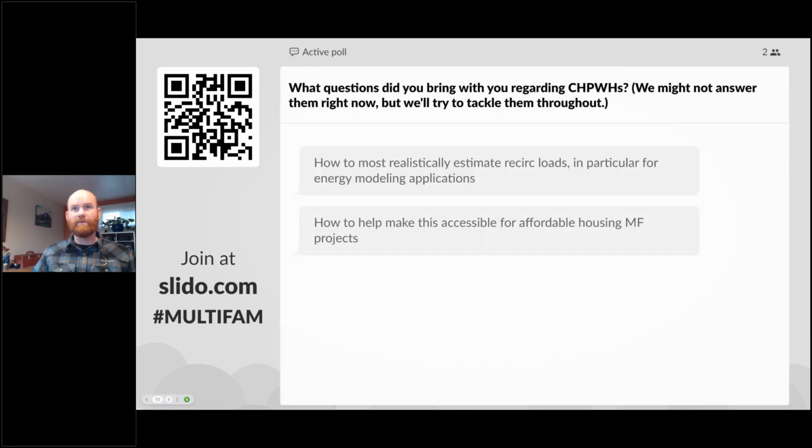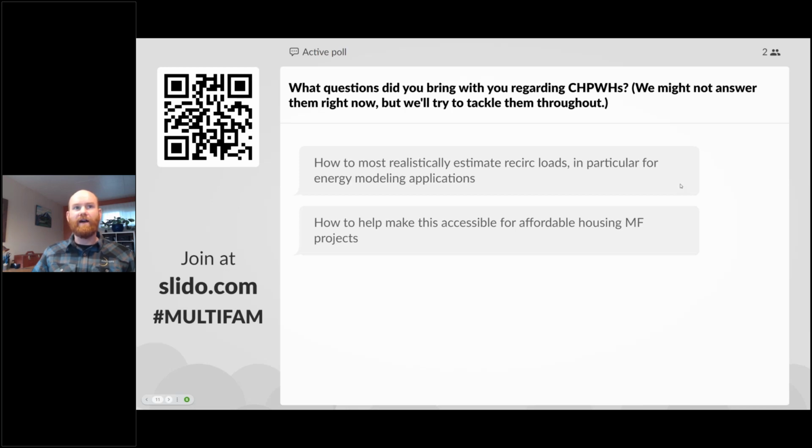What questions do you bring with you today? How to most realistically estimate the recirc loads, in particular for energy modeling applications. Yes, in commercial buildings, we typically circulate water through the hot water distribution piping to keep that water hot at the tap so that people don't drain as much water out of their hot fixture when they're looking for that hot water.